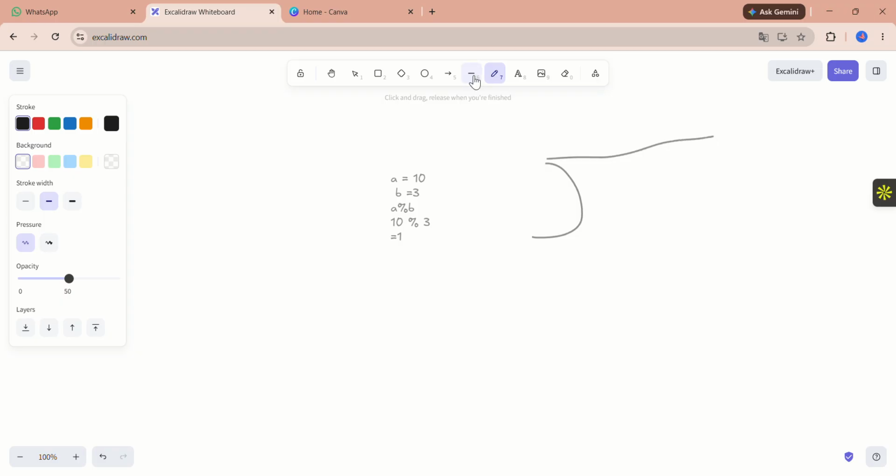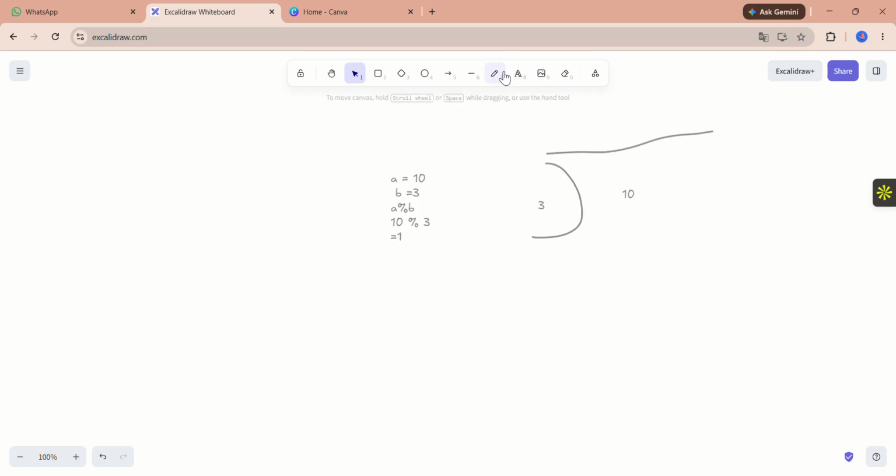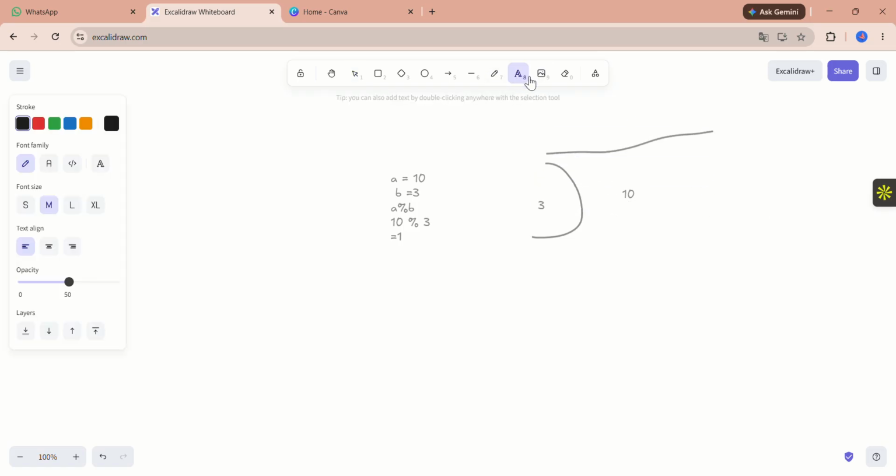This is 3 and this is 10. 3 threes are 9, so we write 9 here, and 10 minus 9 is 1.